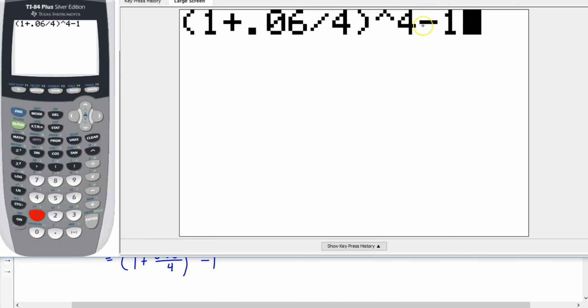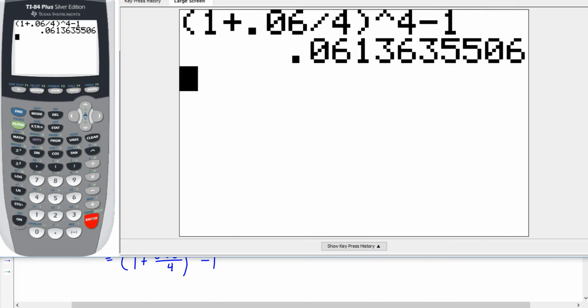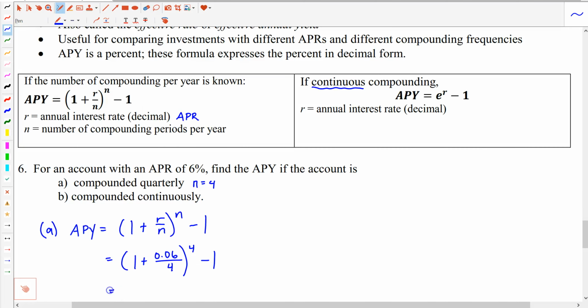Now this minus 1 is not up here in the exponent. If you had wanted it to be in the exponent, I would have had to have parentheses around this whole thing. But since it's not, the calculator is going to compute the value of the parenthesized expression, raise it to the 4th power, and then finally subtract 1. This is giving me, as a decimal, 0.06136, and so on.